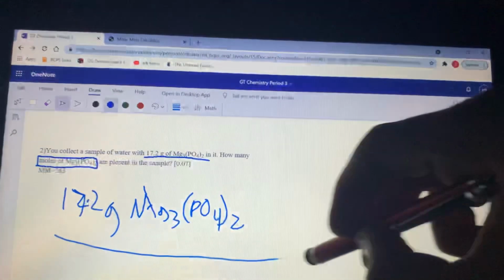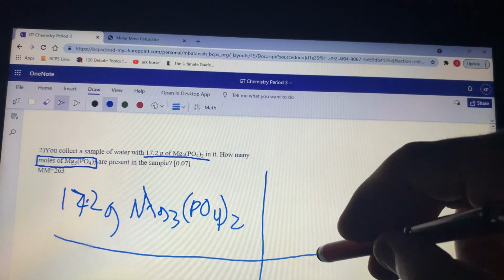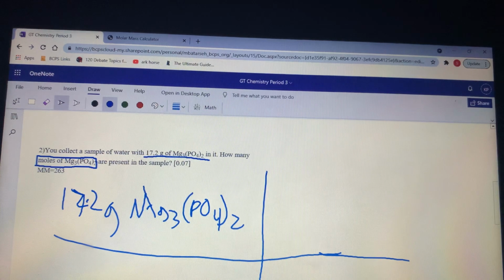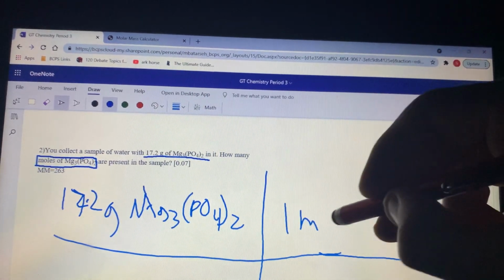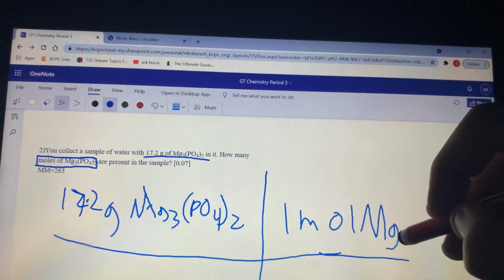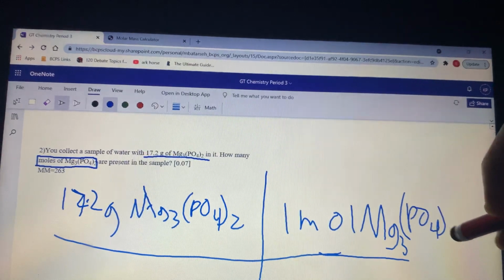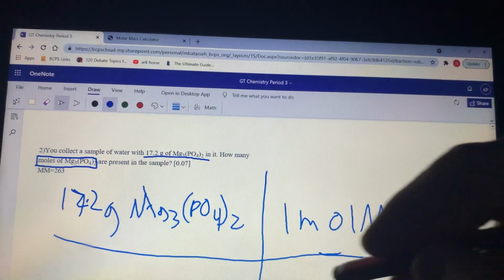Now, we know we have to have grams on the bottom, so we multiply by 1 mole over 263 grams. 1 mole of Mg3(PO4)2 on top, and 263 grams of Mg3(PO4)2 on the bottom.